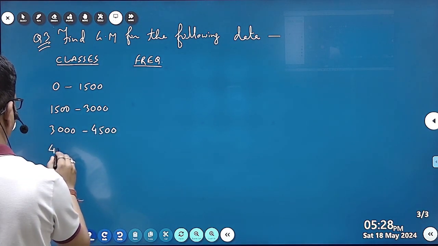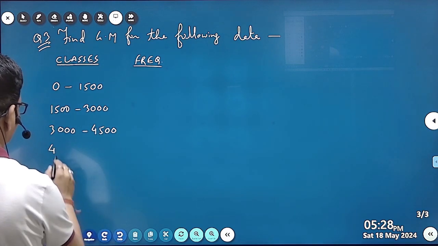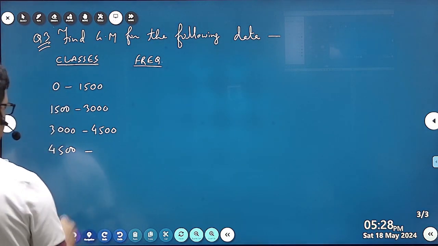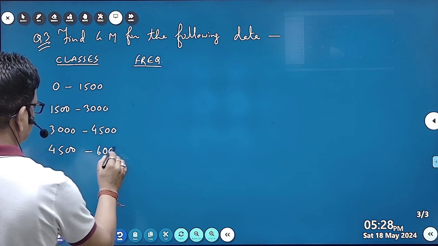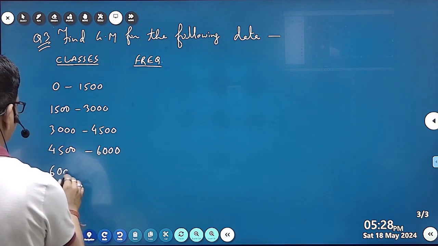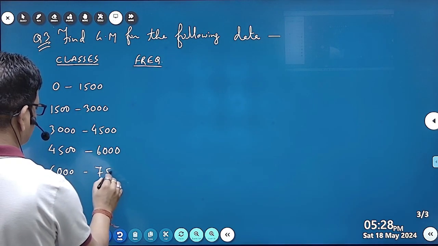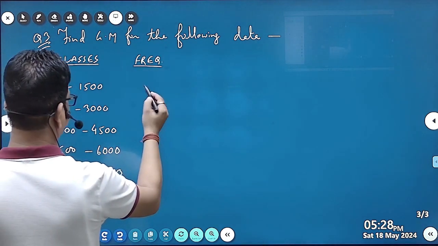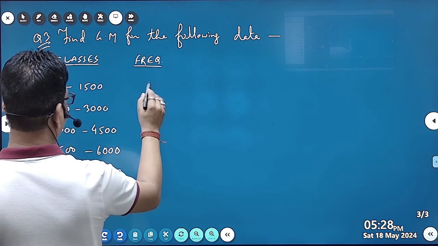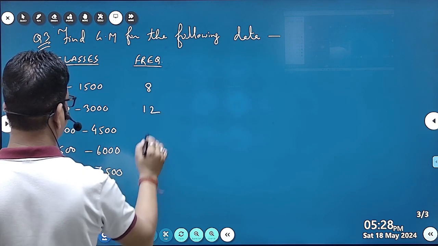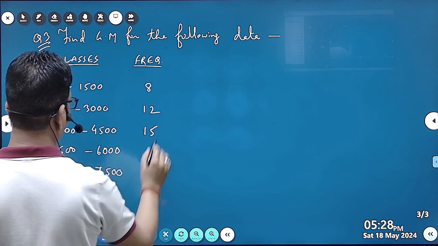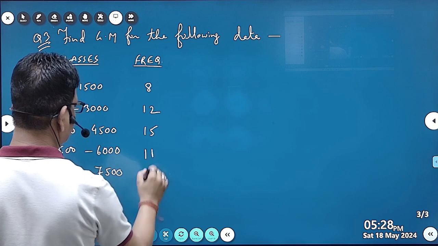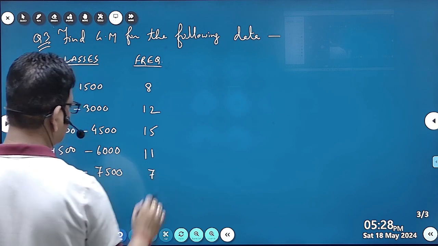So classes are increasing by 1500. 4500 to suppose 6000, and suppose 6000 to 7500. Right. Then frequencies. Suppose here 8. Suppose this is 12. Suppose this is 15. Suppose this one is 11, and suppose it is 7.